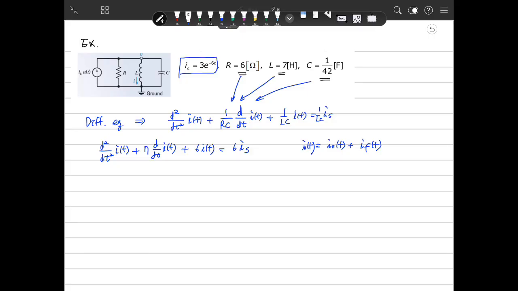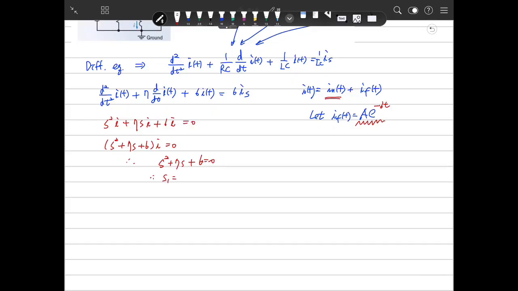Therefore, we have to let IF(t) be the same, A exponential, because it's minus 6t, so we have to choose an exponential of minus 6t as the form of the forced response. Unfortunately, to get IN(t), we can make a characteristic equation here: s squared I plus 7sI plus 6I is 0. So s squared plus 7s plus 6 equals 0.